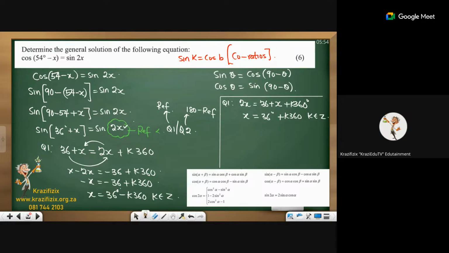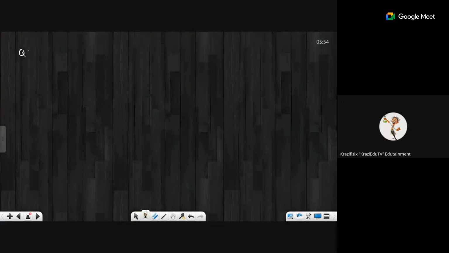What is the next place? Quadrant number 2. Okay, so let's work with quadrant number 2. I'm just going to have to use a fresh page. We're solving 36 plus x, right? So we are now in quadrant 2. We know quadrant 2 is 180 minus your reference angle plus k times 360.